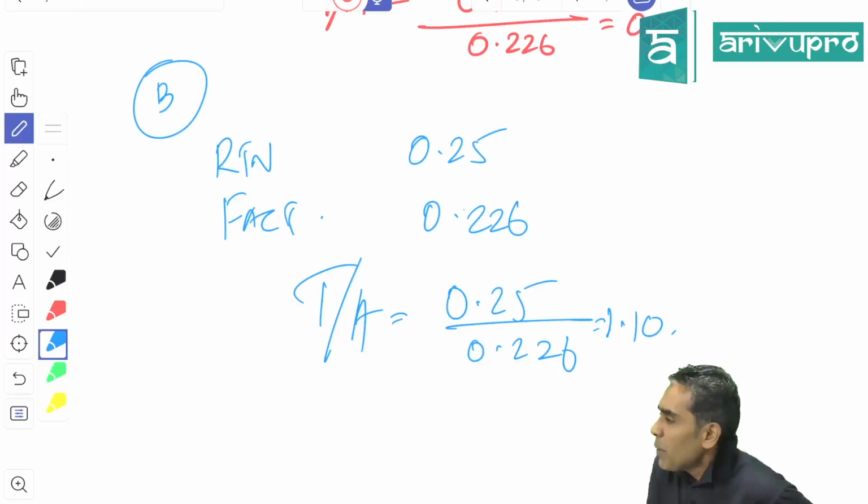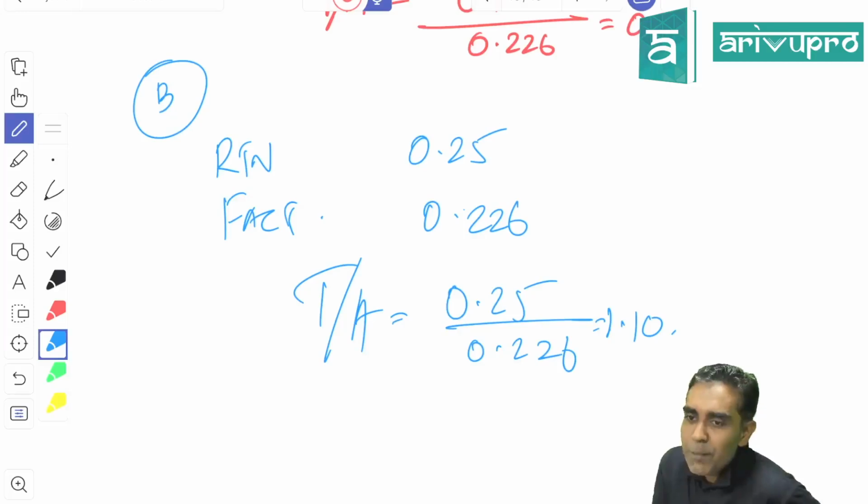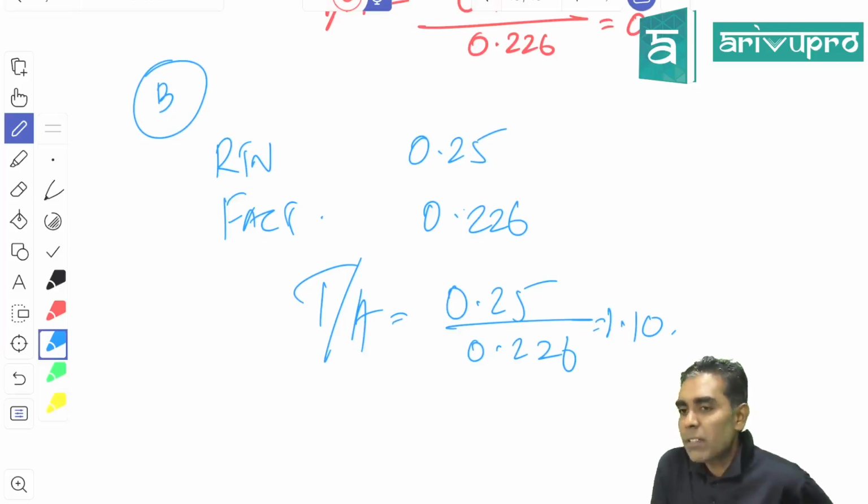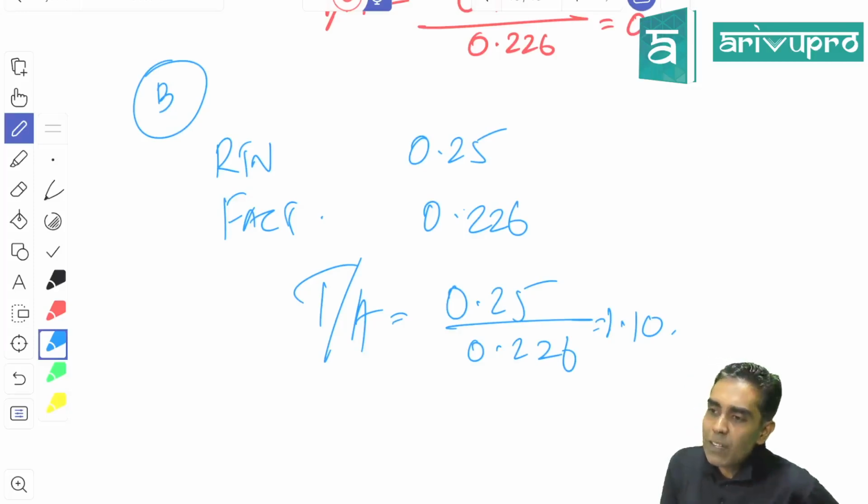But they have provided only 10 marks. If I were the examiner, I would have given that about 20 marks, because it's very difficult for you to finish that question in 10 minutes. It desperately needs about 20 to 25 minutes.